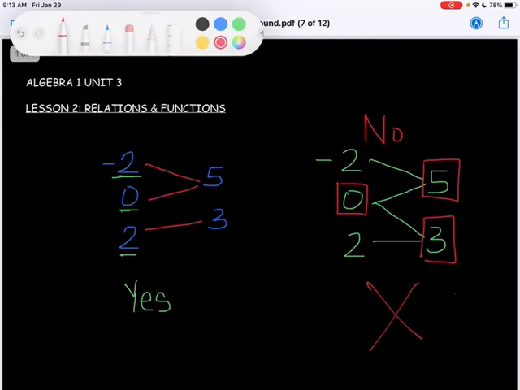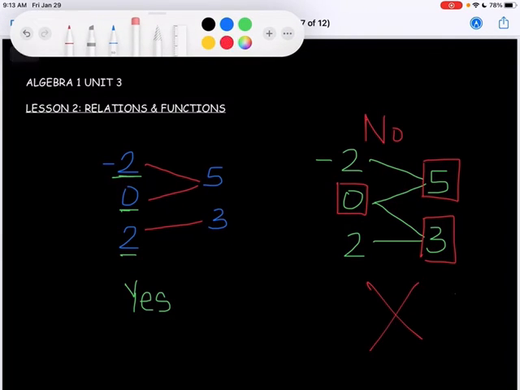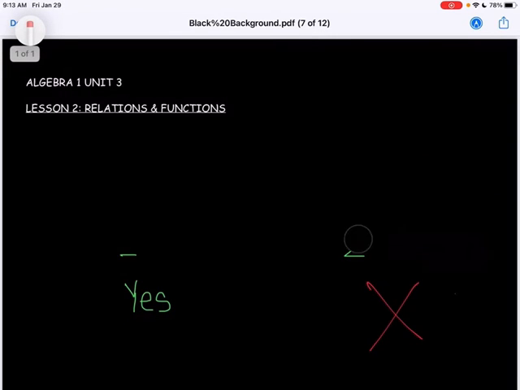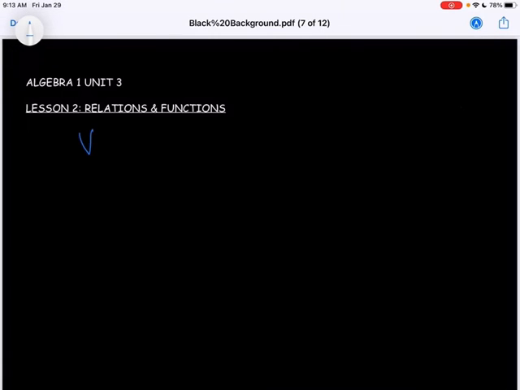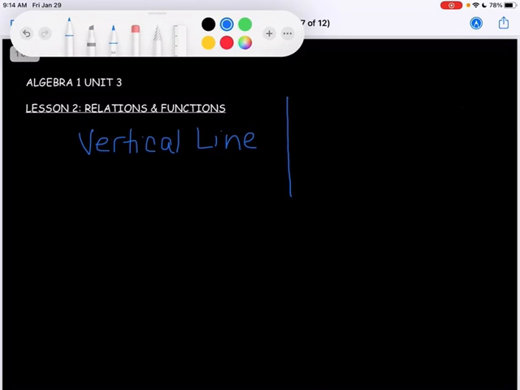All right, and then graphically, let's say they give you a picture of a relation and they say, is this a function? What we use here is called the vertical line test. And remember, vertical line is this way. So if you're given a picture and they ask, is this a function, you need to use the vertical line test. That means you can draw a vertical line anywhere on that graph, and each time you draw it, it should only cross that relation one time.